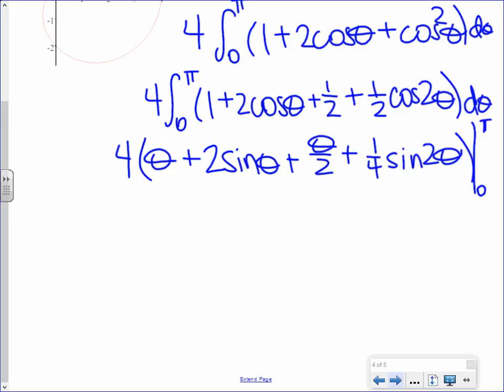Okay, so I'm going to combine theta and theta over 2 to be 3/2 theta. You okay with that?